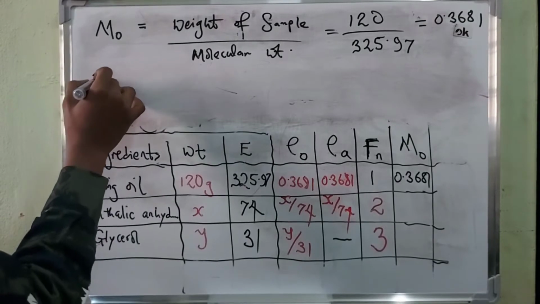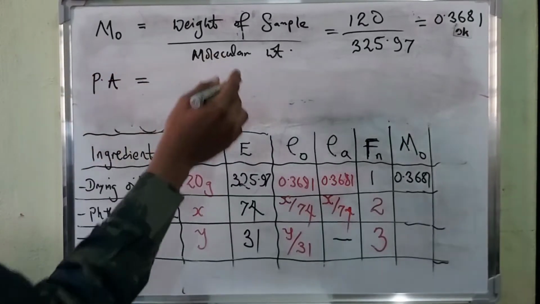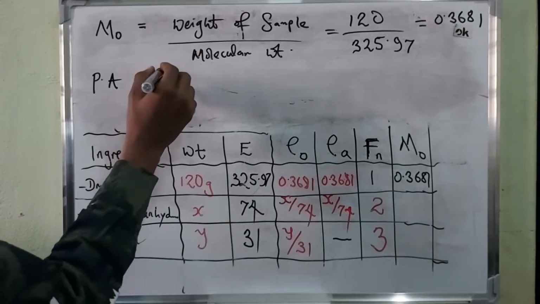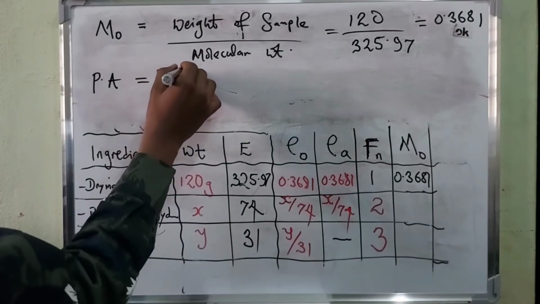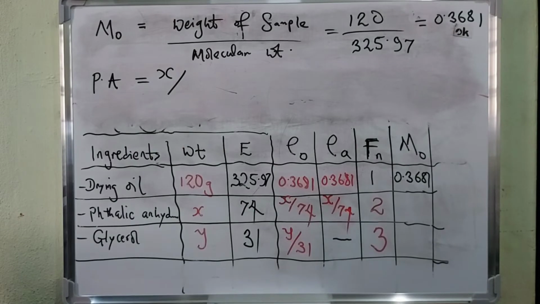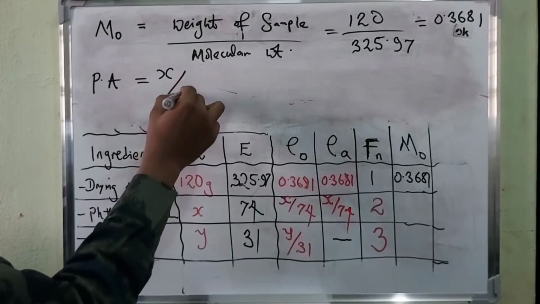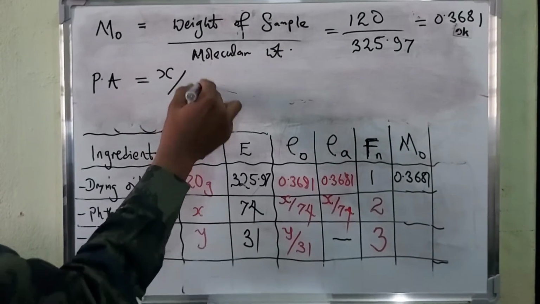Okay. So for our acid anhydride, phthalic anhydride, what's the weight of sample? We don't know the weight of the sample, so it's going to be X divided by the molecular weight. The molecular weight, which we calculated earlier, is 148 grams. So we have X over 148.